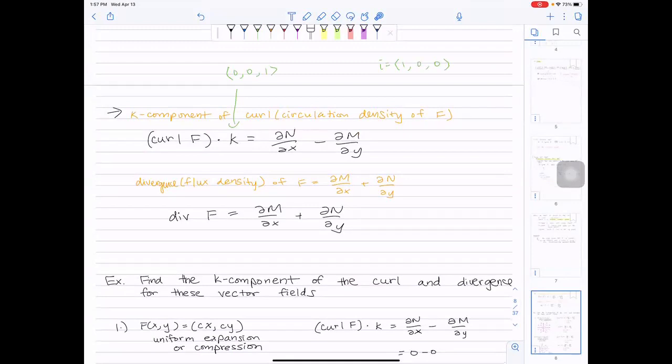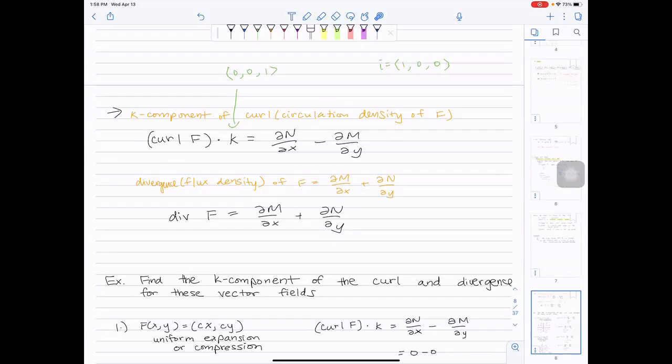Kind of. Curl is the gradient cross the vector field. And so when we do the gradient cross the vector field, we get this whole thing. That's the definition.